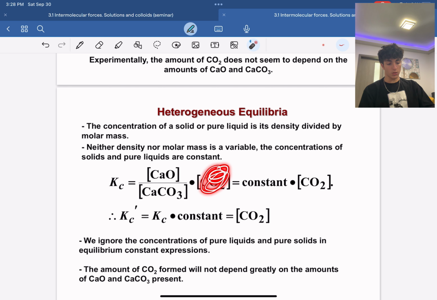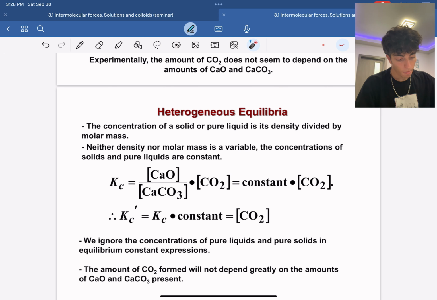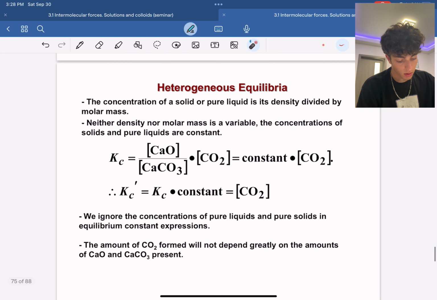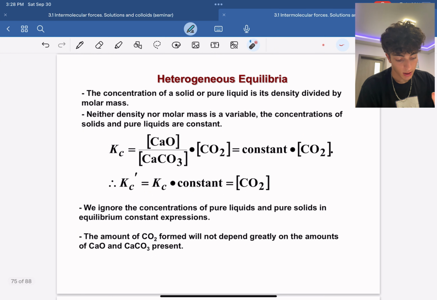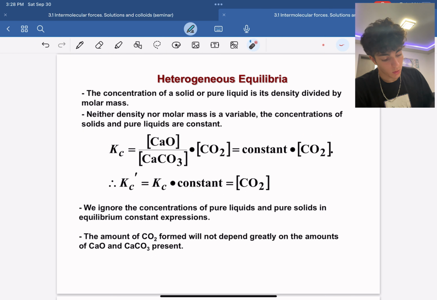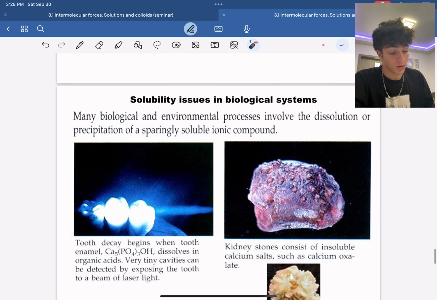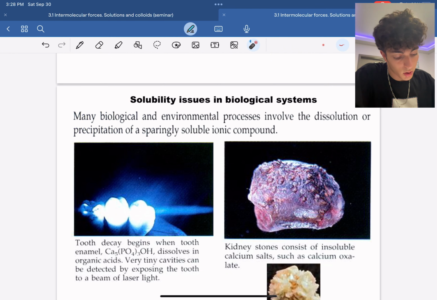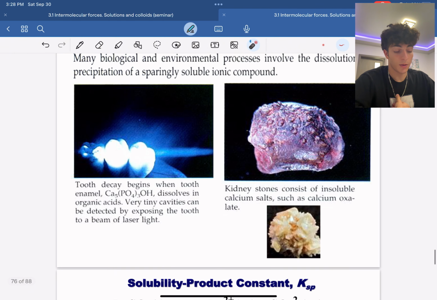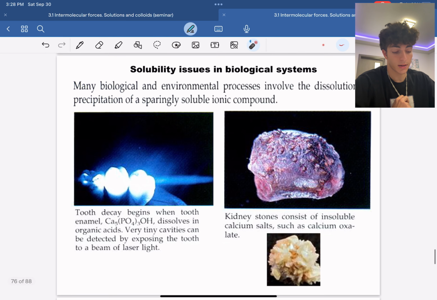So we just have CO2. Now, to find the solubility concentration, the equilibrium of this, we do Kc times a constant giving the concentration of CO2. I'm going to give you guys also a YouTube video to go look at that. It helped me a lot because it had a lot of practice questions.